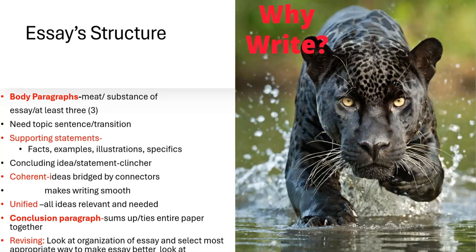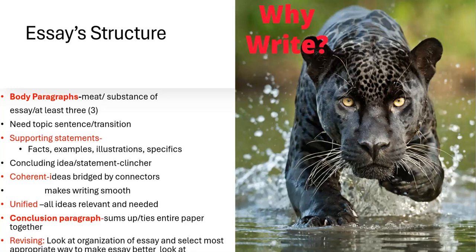Your concluding idea or statement should be a clincher. Your concluding statement can offer some sort of solution, really make people think and dive deeper into your subject. Within the paragraphs, especially the body paragraphs, your ideas should be bridged by connectors, making your writing smooth.